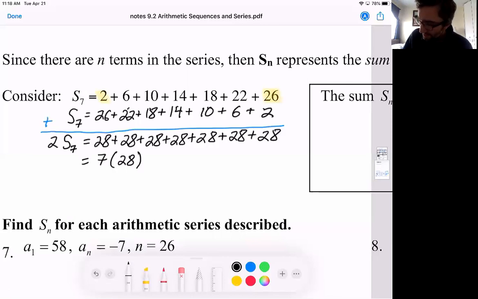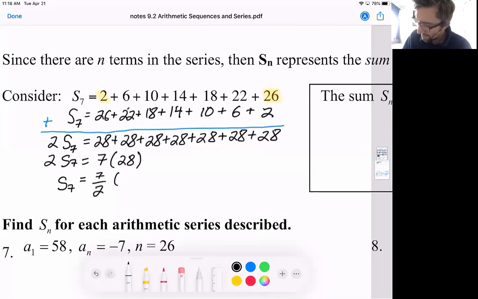And that's double the sum that we're looking for. So if we just want one sum, not double, we would divide both sides by 2. So we have 7 over 2 times 28. So rather than adding all the individual terms, we could multiply this. And if we just did 28 times 3.5, we get 98, and that's the sum.